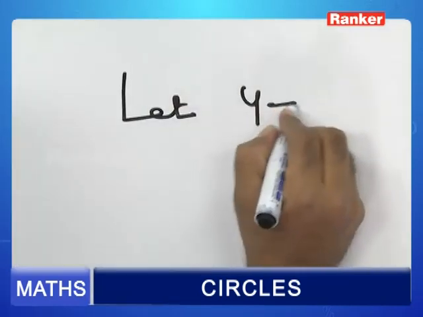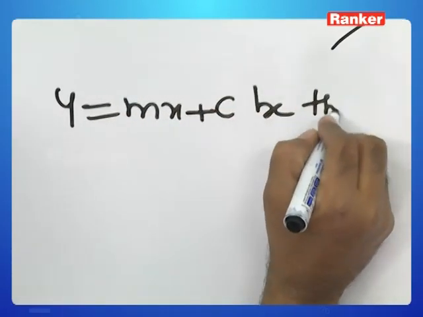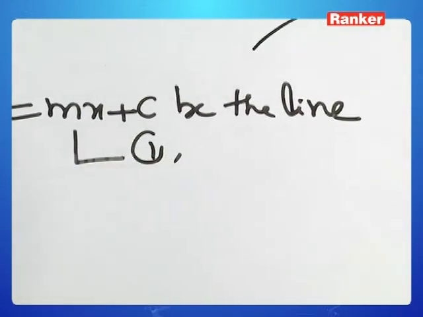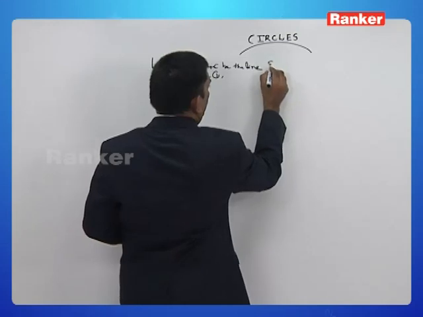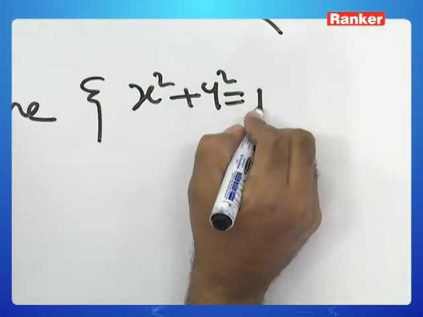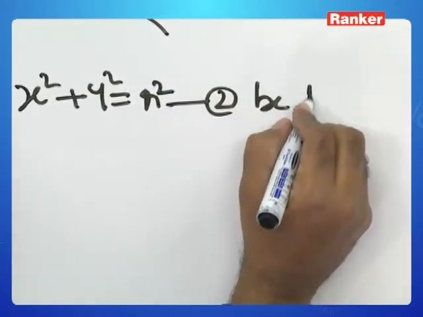Let y is equal to mx plus c be the line, call it 1, and x square plus y square is equal to r square be the circle, call it 2.